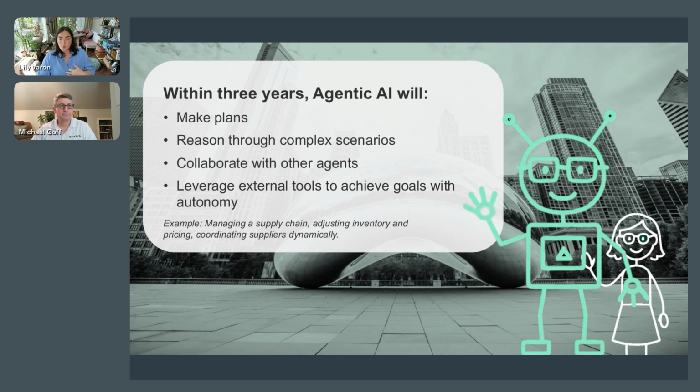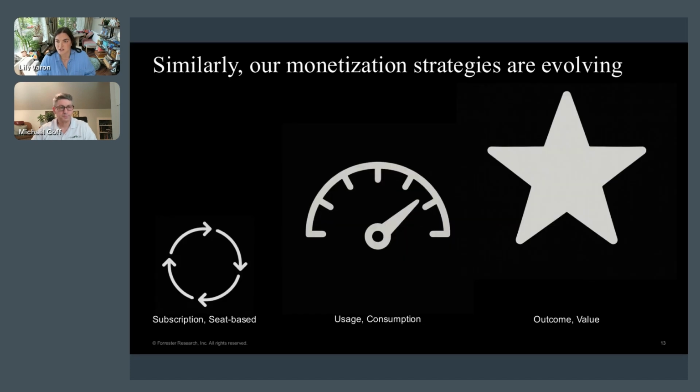And so when we think about the possibilities for our products and evolving our current generative AI enabled products into an agentic world, it necessitates a reevaluation of our monetization strategies, because they're driving more autonomous activities.